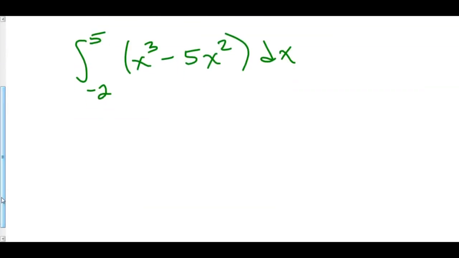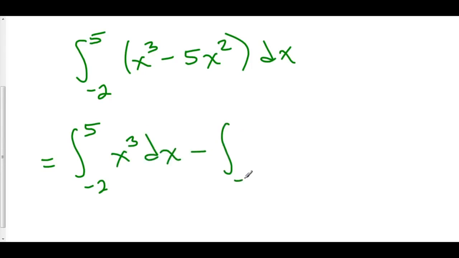Now, we have a property of integrals that says if we add or subtract in the integrand, we can just add or subtract the integrals, which is pretty neat. So this is equal to the integral from -2 to 5 of x cubed dx minus the integral from -2 to 5 of 5x squared dx.